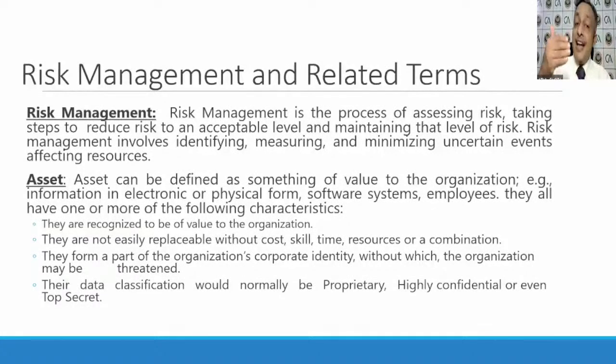That means risk management has to be a dynamic process. Your vulnerability assessment is an ongoing thing. You have to see whether a new set of vulnerability threats is coming up, and then you need a solution to that. You need controls for that. So it's a dynamic process.